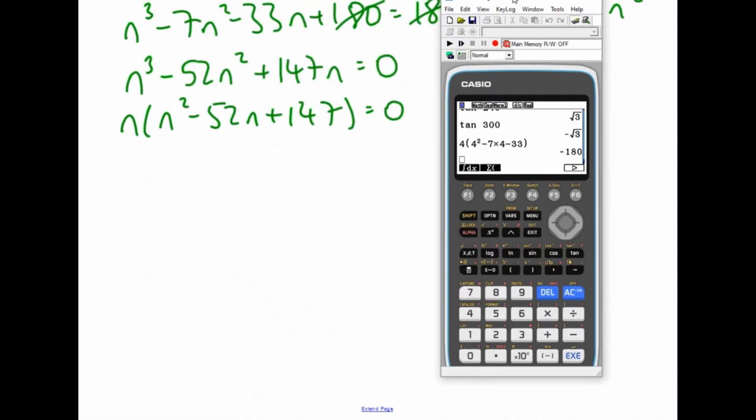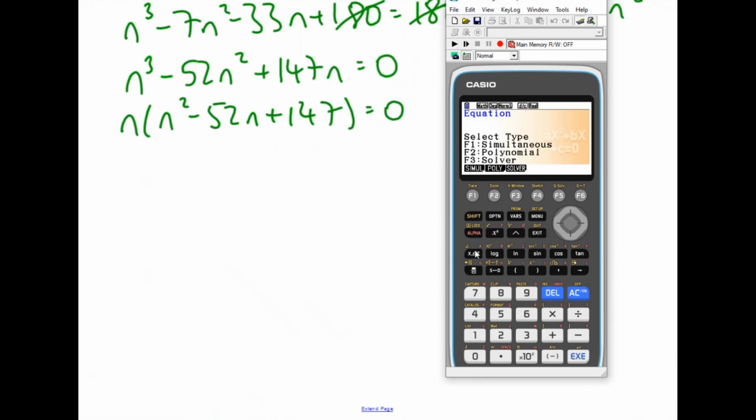You could have done a cubic, that would have been fine. Two solutions, 3 and 49. n equals 0, n equals 3, plus 49.